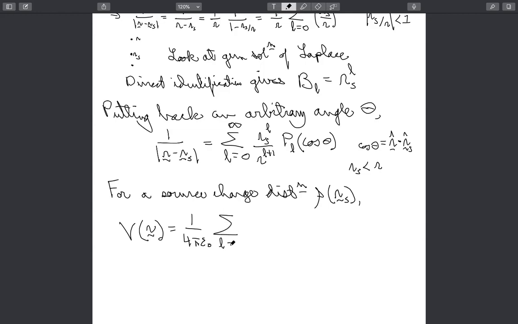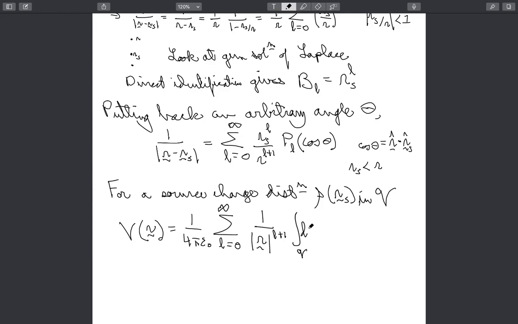Cleaner. So a summation over all these different terms, l equal to 0 to infinity, of the spatial part, 1 over r to the power l plus 1, times the integral over the volume over which rho is non-zero. So V is kind of a packet of charges with distribution rho.